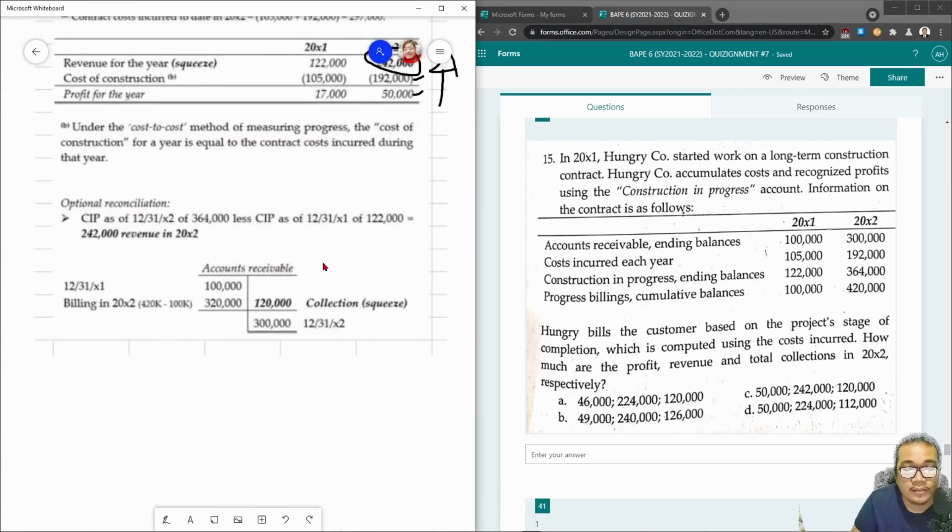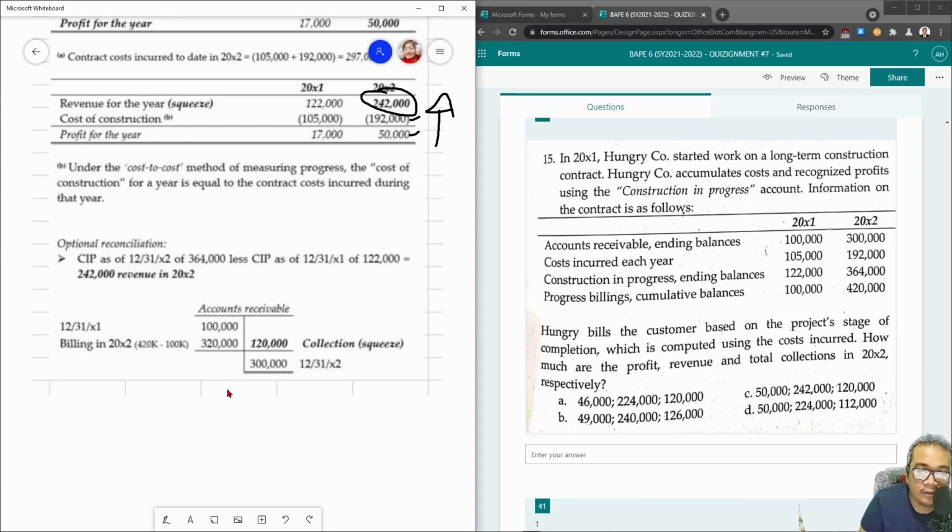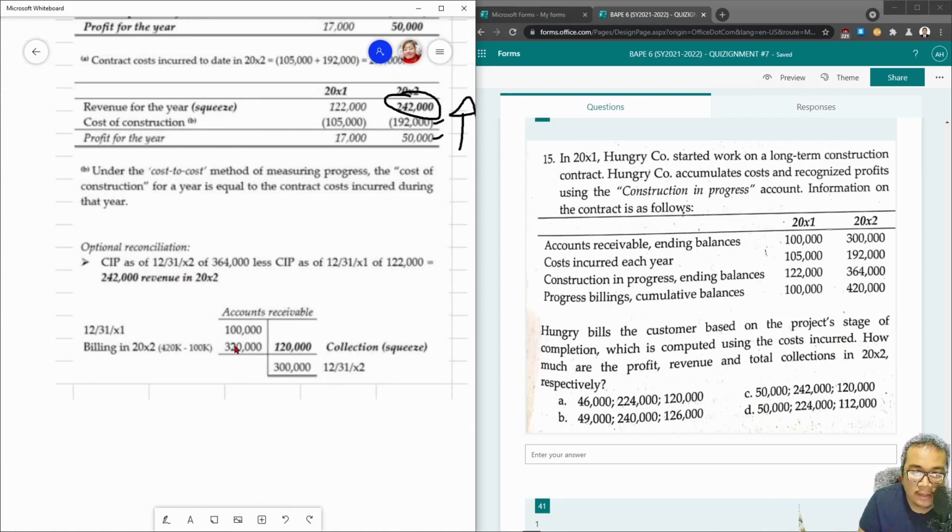Now, let's go to the total collection. Gagamit natin yung accounts receivable T account. So, accounts receivable T account natin, meron kang beginning balance of 100, meron kang ending of 300. Ngayon, yung billings natin, nagagalaw dyan yung accounts receivable, di ba? Dadagdagan mo, pag nagkaroon ng collections, bawas mo si AR. So, ang tanong dito, total collections. Yung total collections, dinadamay si AR kasi na-collect mo na, hindi na siya receivable, collected na. So, may billings ka, and yung billings na yan, in-increase yan yung receivable, di ba? So, may billings ka for 20x2, kasi 20x2 lang ang pinapahanap.